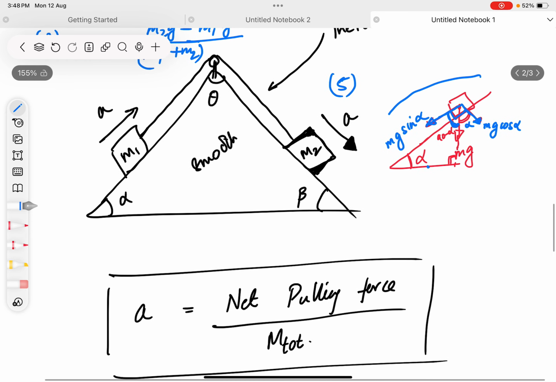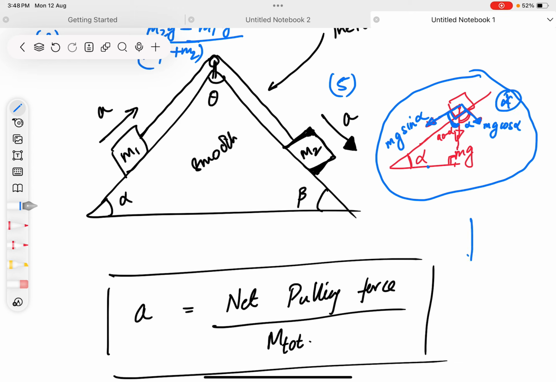Yes, this is something that you have to remember for future also. The component of g in the direction down the incline is g sine theta. In a direction perpendicular to this incline, it is g cos theta. This you have to remember.